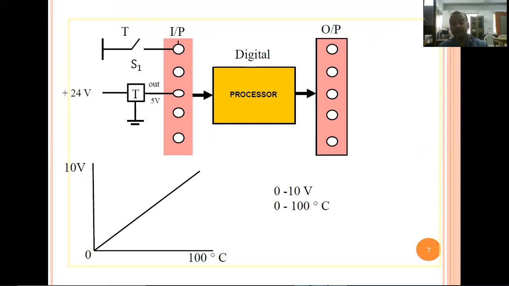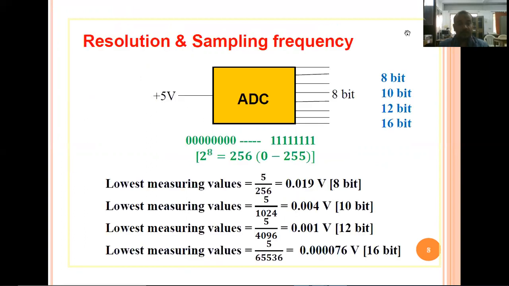That means at 0 degrees centigrade we get nearly 0 volt, and at 100 degrees centigrade we get 10 volt of output. Now it is obvious that whenever it comes to the input module of the PLC, it needs to be converted into digital. So how will the conversion be done? One of the most vital parts of the PLC discussion is the sampling frequency and the resolution.